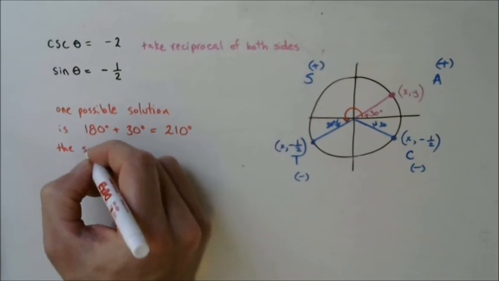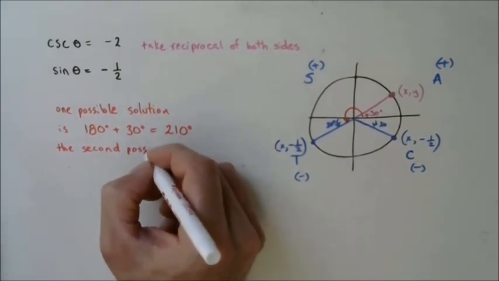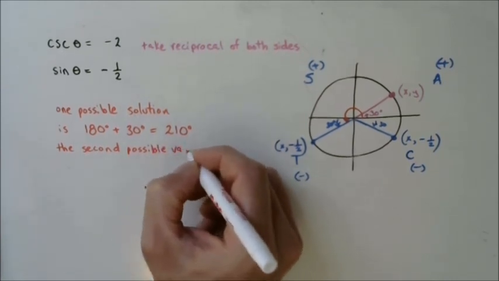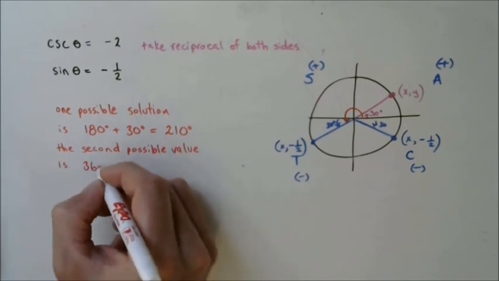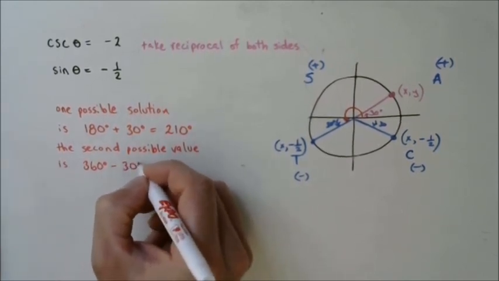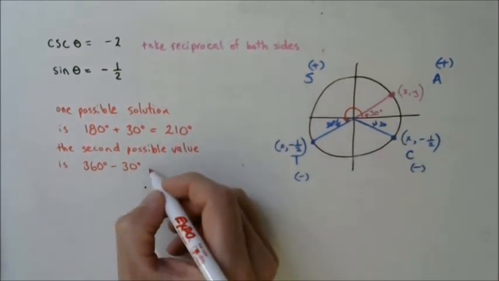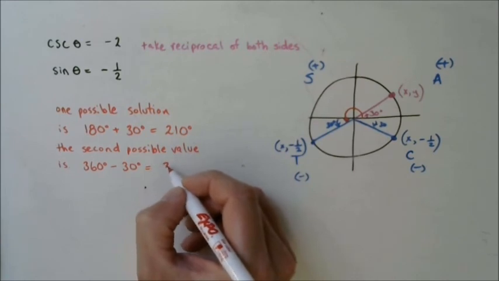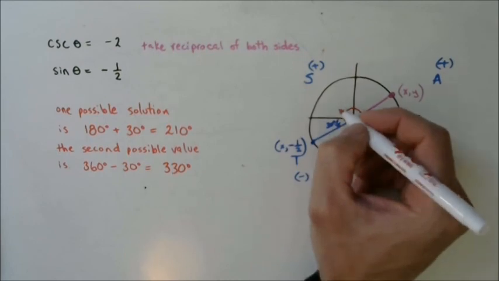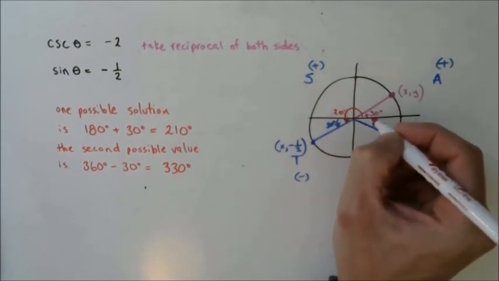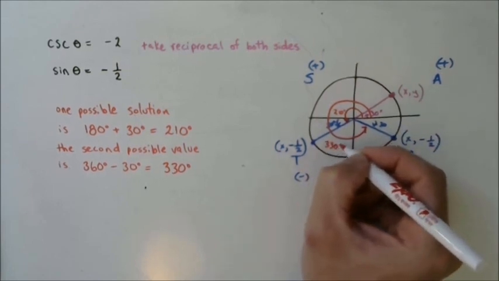The second possible value is 360 degrees minus 30 degrees. That's going back, right? That's our negative angle there, which equals 330 degrees, okay? So we have our first one here at 210, and we've got our next one wrapping all the way around to here. That one's going to be 330 degrees.